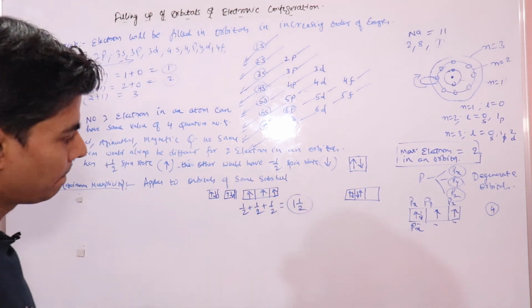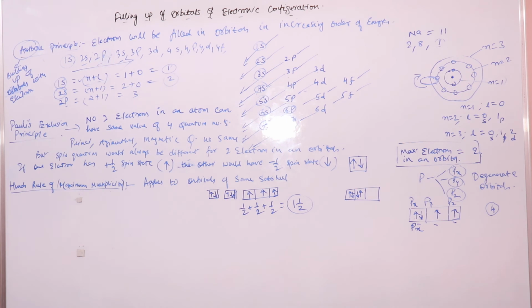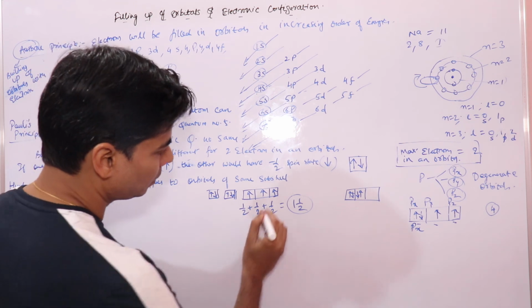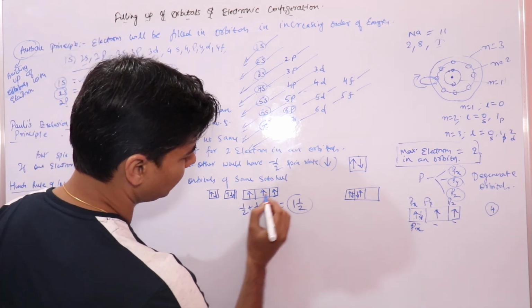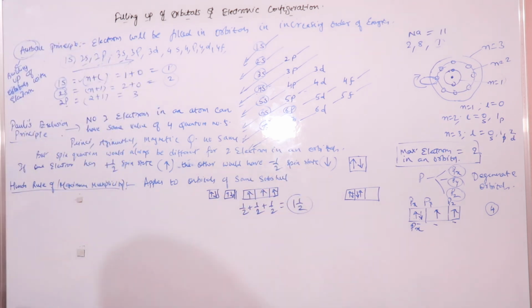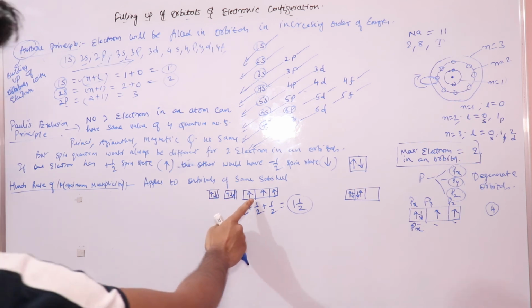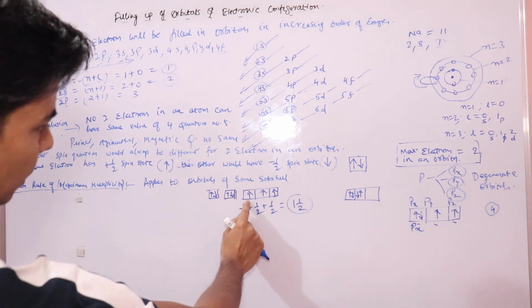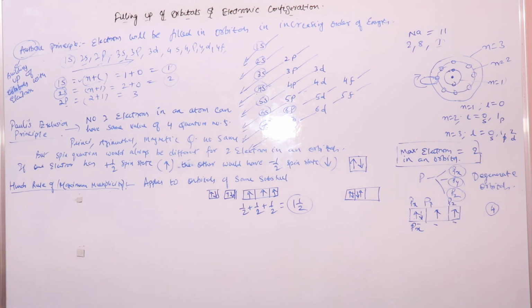Notice one more thing, that all these electrons are showing up arrows. No one is showing a down arrow. Since I've shown all these electrons with up arrows, it means they all have parallel spins, that is, in the same direction.